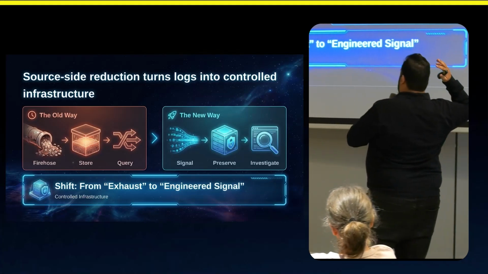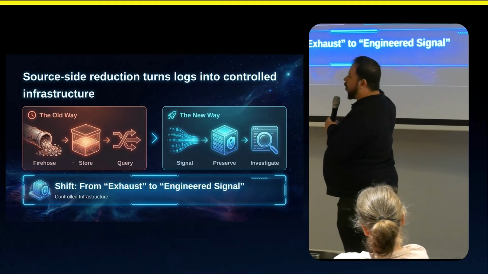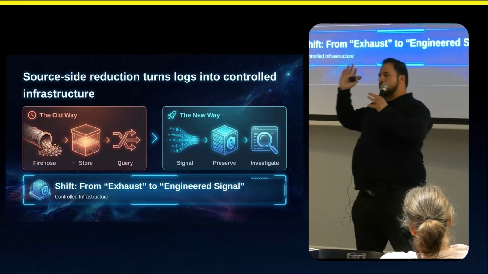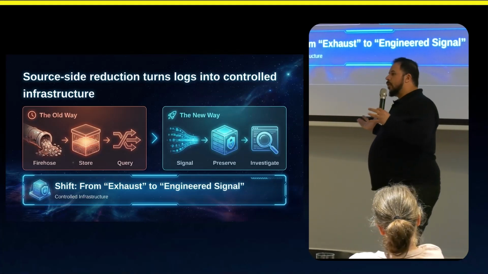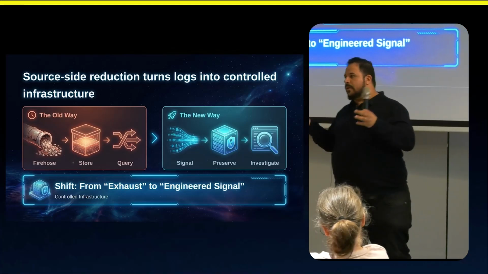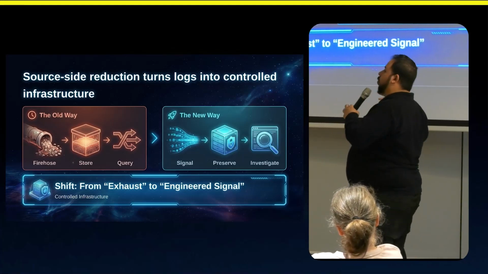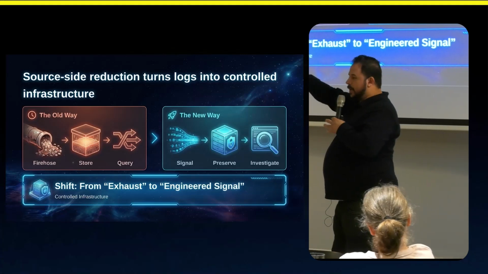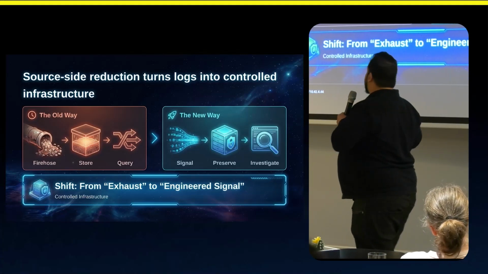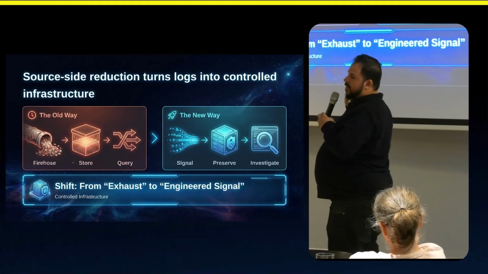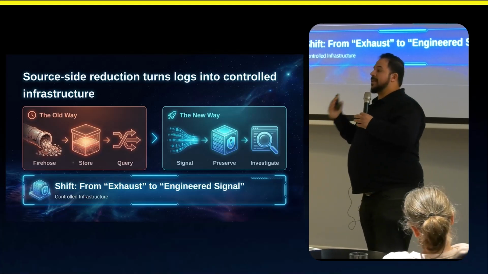So we moved from the old way, which is what you all know. We fire hose a lot of logs, a lot of events, we store them, and then we query and try to find out what happened. Instead, we are now emitting the signal at the source from the beginning.